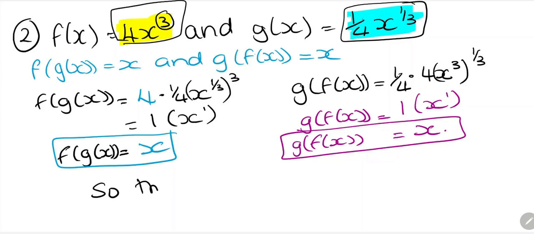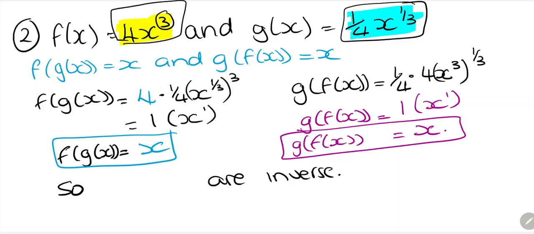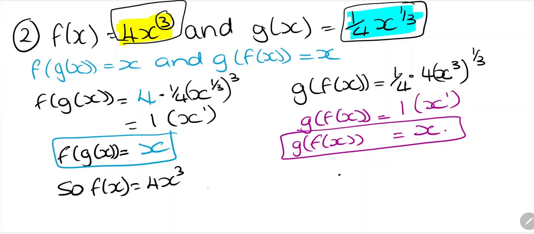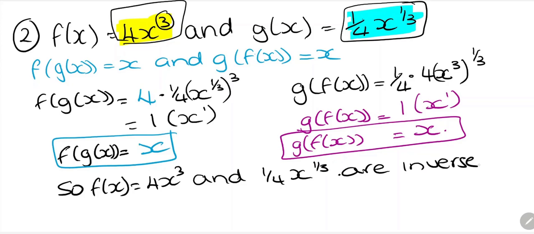So they are inverse. Well, let's just write this properly. f of x, 4x cubed, and a quarter x to the third are inverse functions.